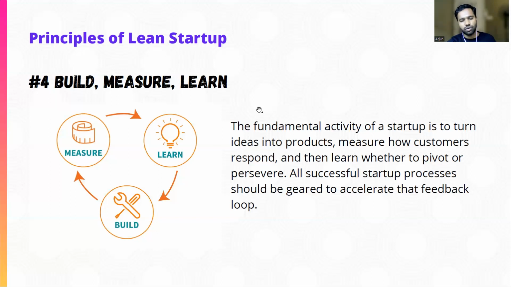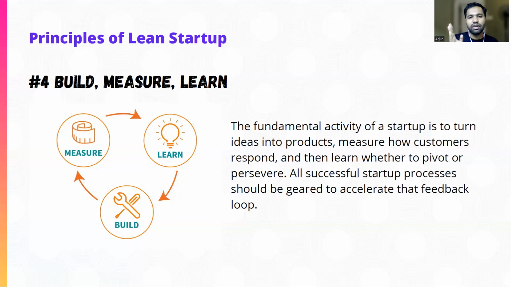If the product is good, then you persevere. Basically, if the customers are giving you very good feedback about your idea and your product, then you persevere. Persevere means you start building more of that product and you sell it. But if the customers are not very happy with your product, or the feedback is not so good, then you pivot. Pivot means you change your track.